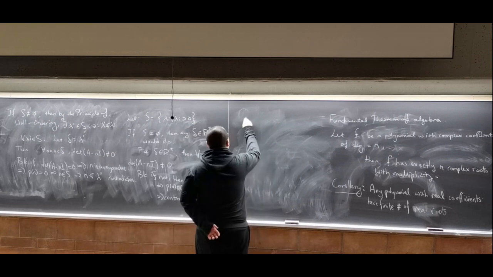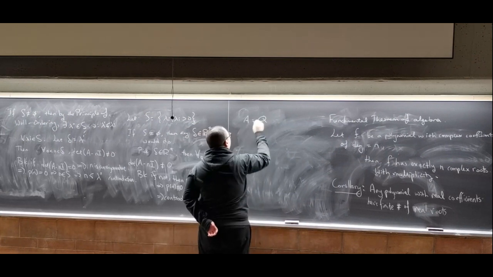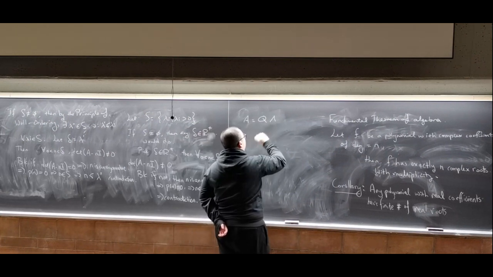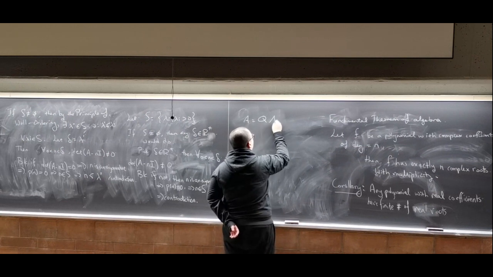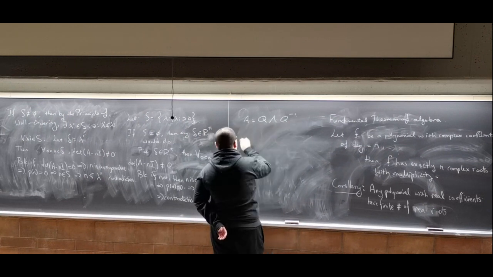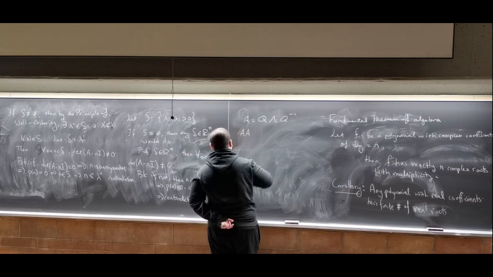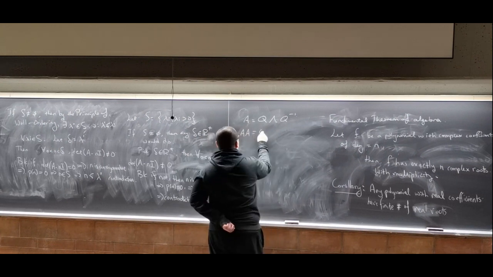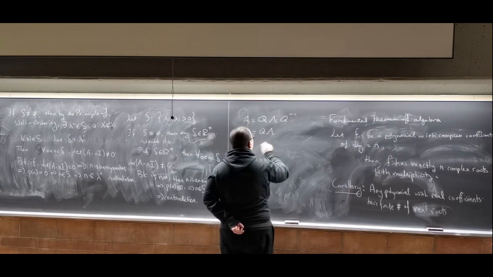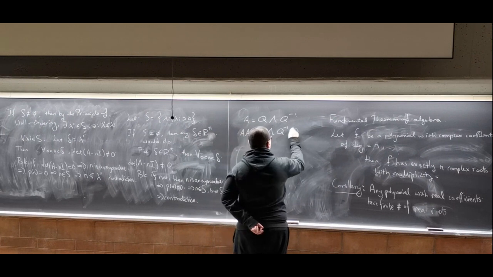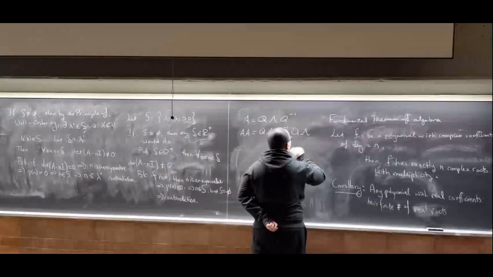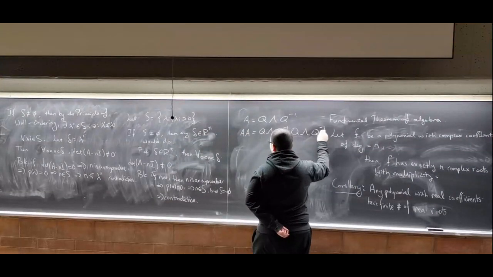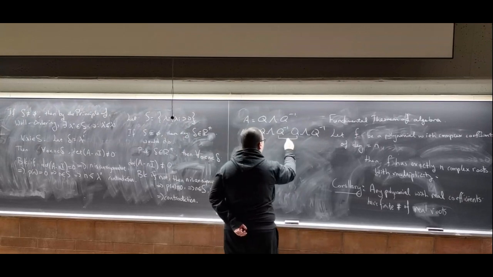And because part 2, so if A equals Q multiplied by lambda multiplied by Q inverse, then A squared, which is A times A, is just Q times lambda times Q inverse times Q times lambda times Q inverse, which is just, well, this is just I, right?